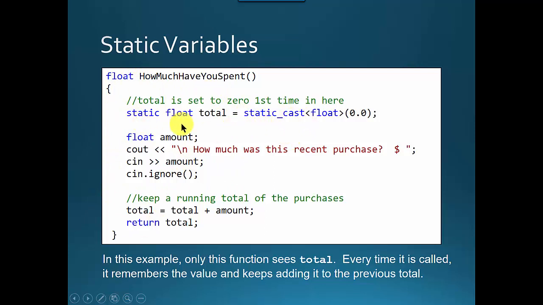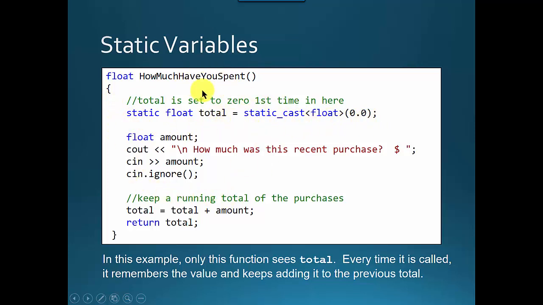And we can use the static keyword and static cast in order to keep a variable. The reason why we have to use this special syntax here is because this line will only be executed one time. The variable will be declared one time.